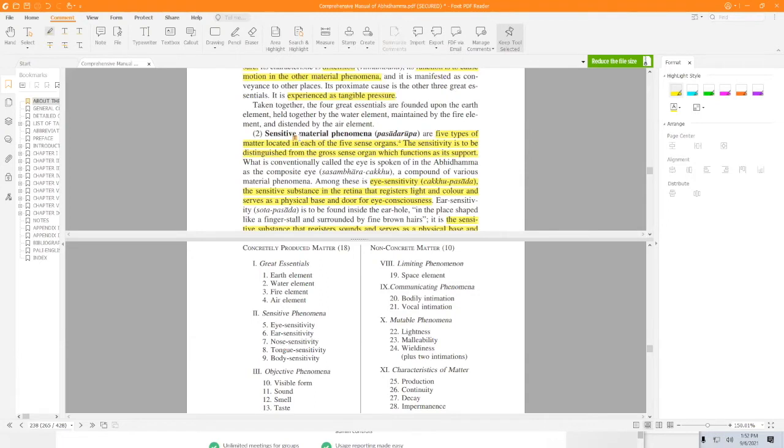But from a technical perspective, those terms refer not to the gross sensory organs, which are the support for the sensitive material phenomena, but rather to a particular type of matter located within those sense organs, which is sensitive to the corresponding type of object.